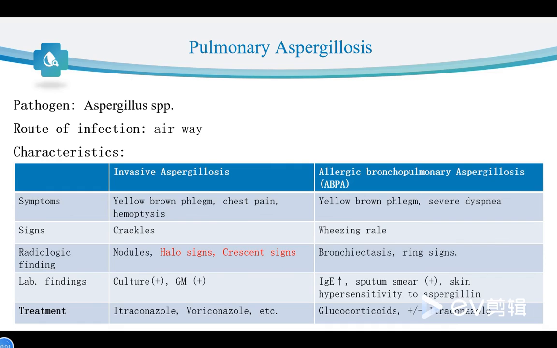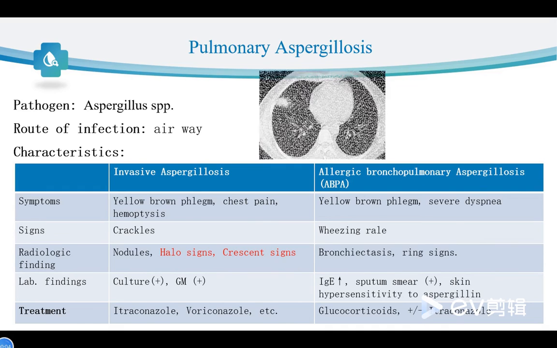Now let's look at some pictures. In this CT image, we can find a nodule in the right lung and some unclear opacity around this nodule. It's called halo sign, caused by the angioinvasion.